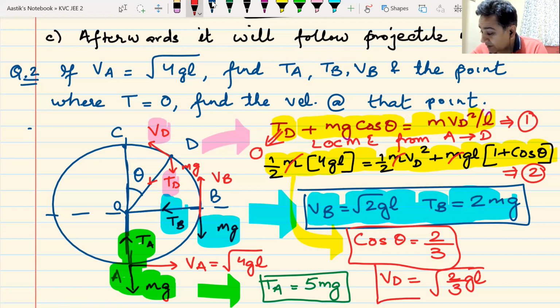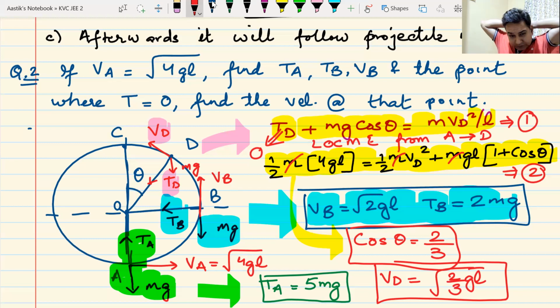The same answer comes here in the case of root over 4GL. So if the velocity at the lowest point is root over 4GL, it will go up till a point where cos theta becomes 2 by 3. The velocity will become root over 2 by 3 GL, and there it will leave the circular track.